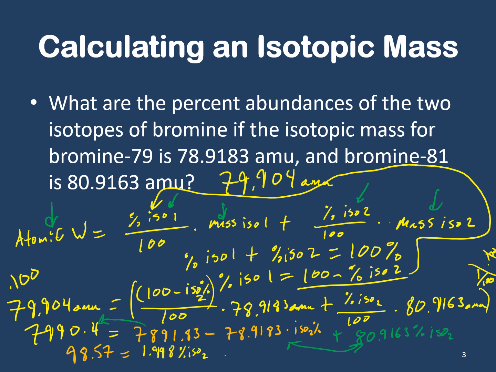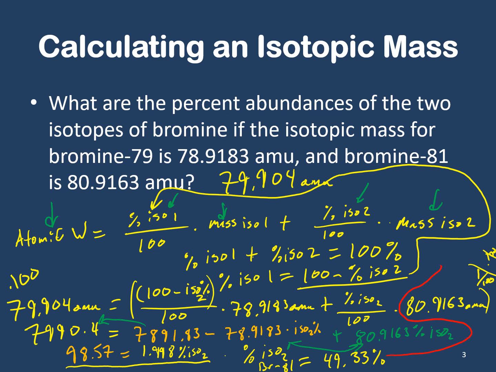Okay, so after simplifying, this is the equation that I get, and now I can just divide both sides by the 1.998 to get my percentage of isotope 2, or in other words, Br 81. And this gives me 49.33%.